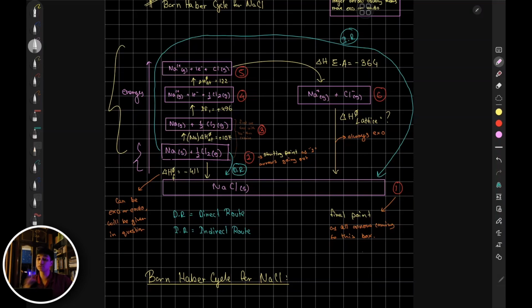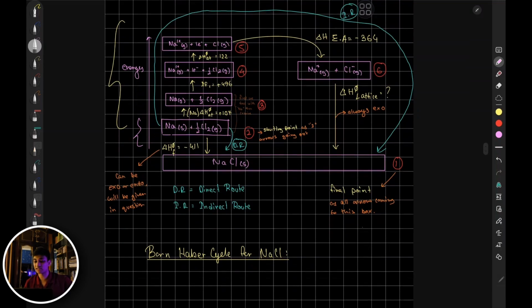So you need to use the data booklet to find the values, or if the examiner is kind enough, they're going to give you all the values on the paper, right? So don't worry about the values, just draw the Born-Haber cycle and you will get the values either in the question or in the data booklet, and if not, those values are going to be asked in the questions later on. So you might have to figure out those values yourself.